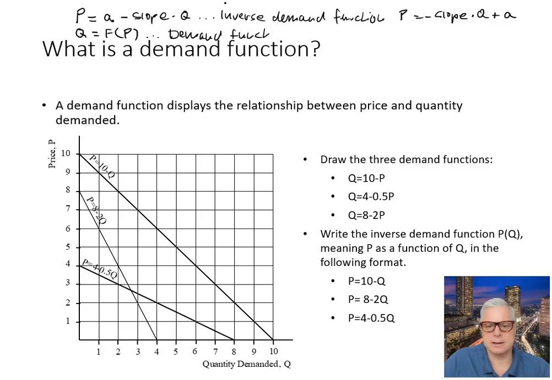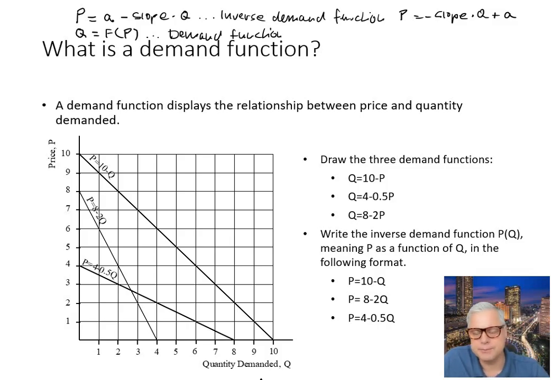So this is what we are typically interested in. But it turns out that when we draw it, and later when we introduce concepts like consumer surplus and producer surplus, it's actually still a little bit more intuitive to draw a demand function such that the price is on the y-axis and the quantity demanded on the x-axis.